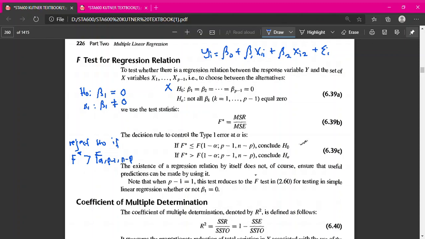So baru kita boleh proceed dengan kita test untuk setiap each of individual independent variable, which independent variable are significant to the model. Okay, so if we reject H0, we can say that the model is significant, or we can say that at least one of the independent variables is significant.